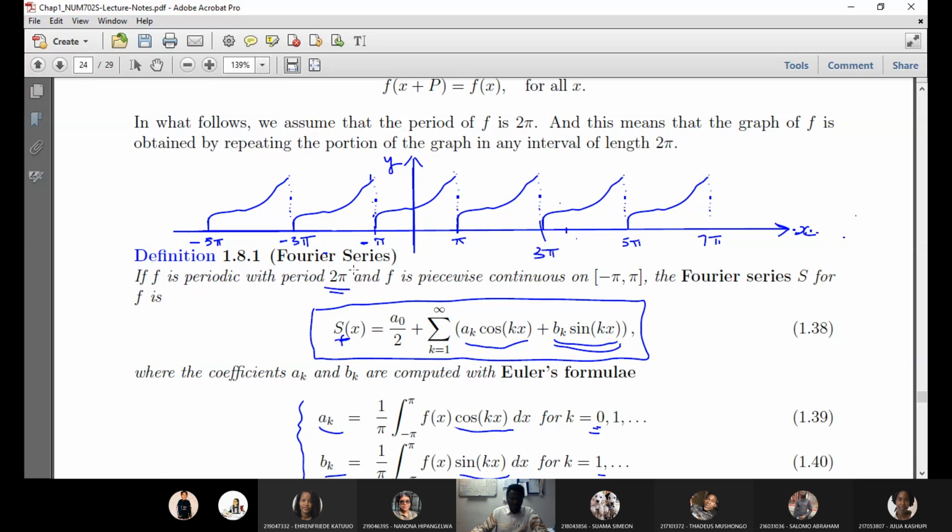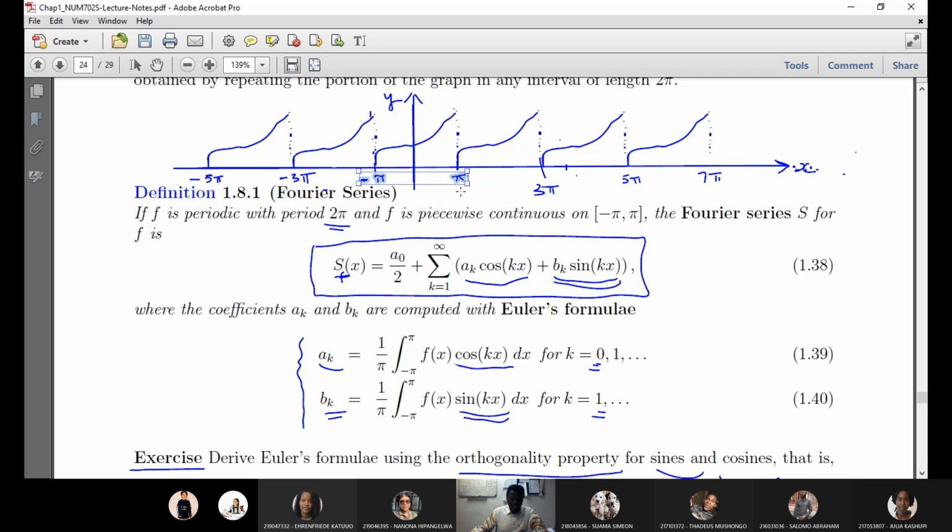So this is negative pi and this is pi. You can see that in the interval negative pi pi, we have a function here which is continuous. It's only continuous in this interval, but it's not continuous throughout the real line.